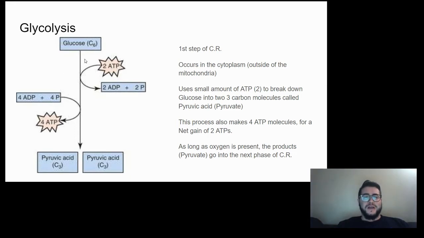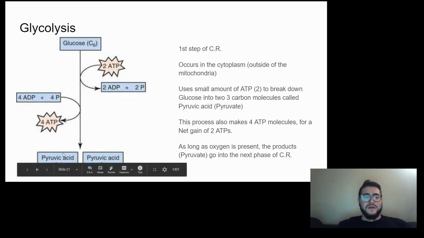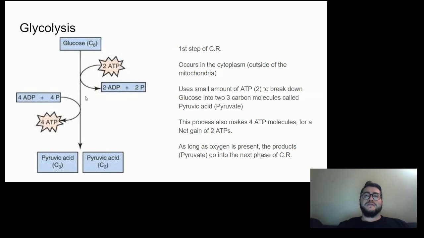But in this process of breaking apart glucose, you get four ATP molecules for a net of two ATP molecules. And in this process, you break apart glucose, which is a 6-carbon molecule, into two 3-carbon molecules called pyruvic acids or pyruvate. This pyruvate is needed for the next step of cellular respiration. And again, this step happens outside of the mitochondria in the cytoplasm.